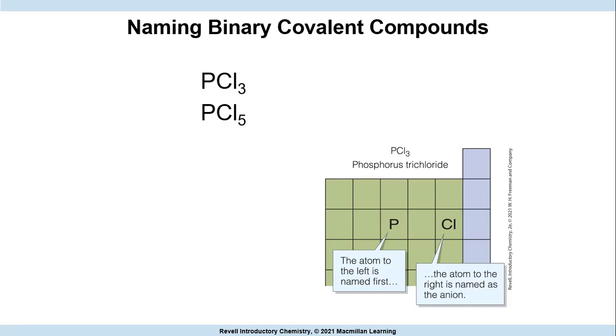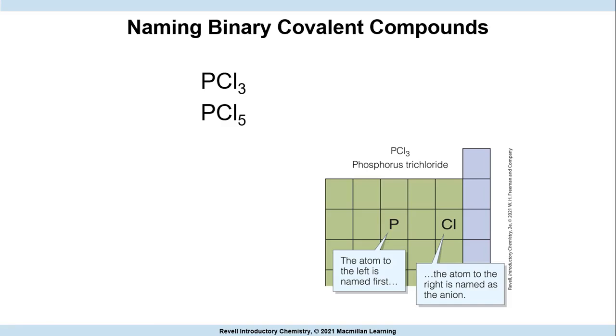So for naming covalent compounds, the atom to the left is named first. And then the atom to the right is named as an anion. So here, it is going to be phosphorus. And then for the other atom, it's going to be like chloride. So this is phosphorus trichloride. Tri because we have 3 of them.